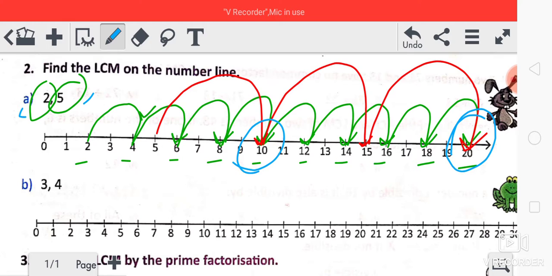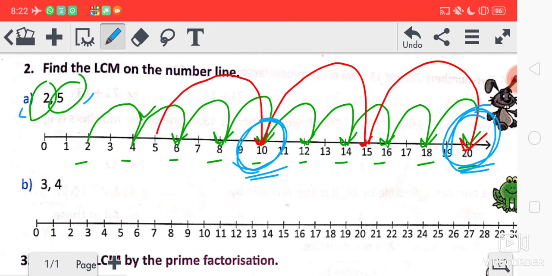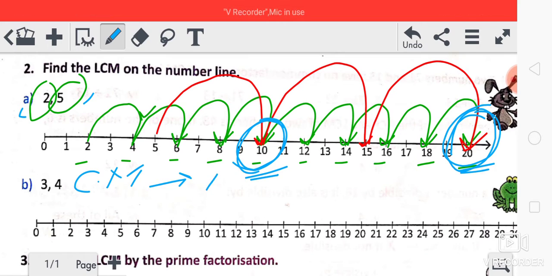So where both red and green are falling, that is called what? Common multiple. So we'll write C for common, M for multiple. What are the common multiples? The common multiples are 10 and 20.